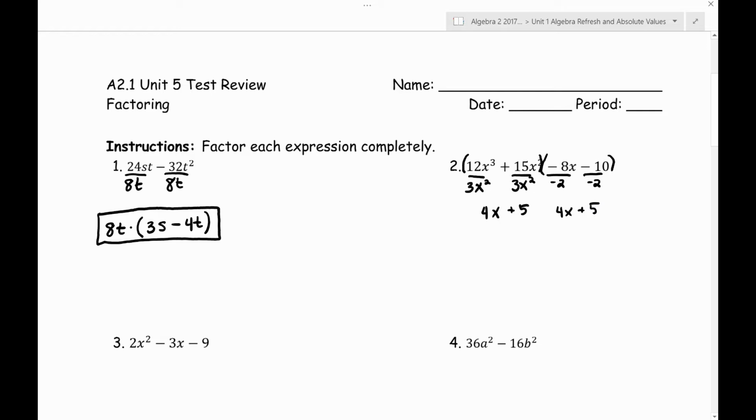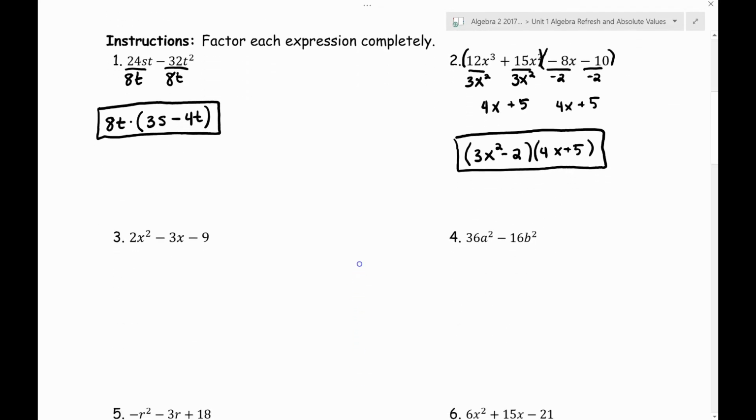Okay, now I'm going to group the GCDs. 3x squared minus 2 times 4x plus 5. What I suggest you all do when you are completing your test, as a check, make sure you can multiply it back together, because that is the way that you will make sure that you have the correct answer.